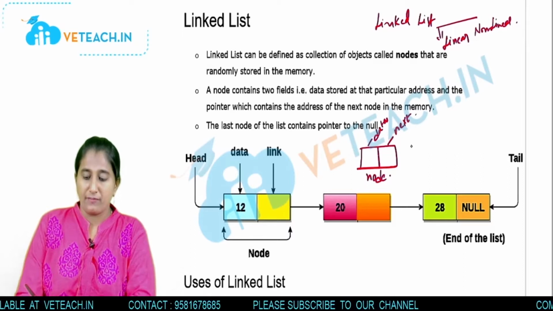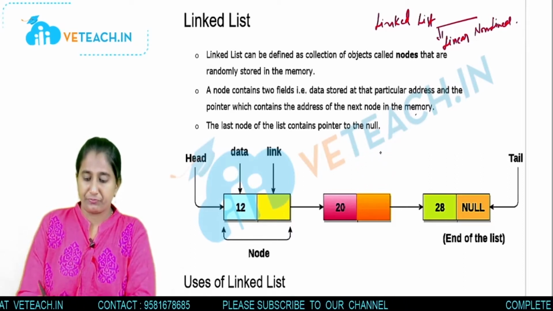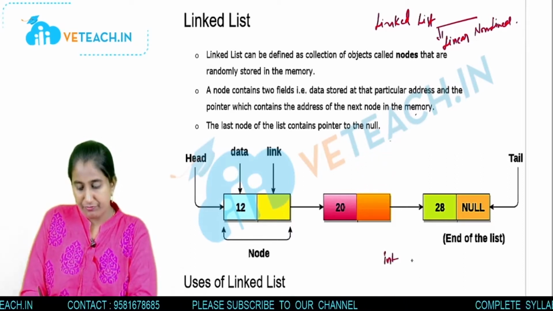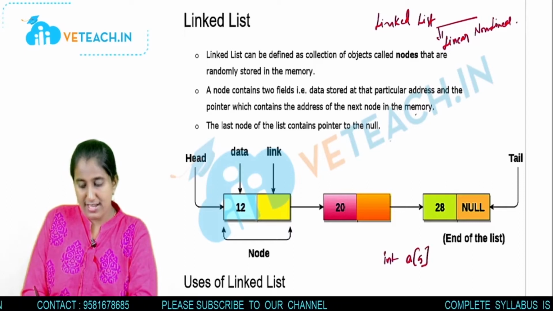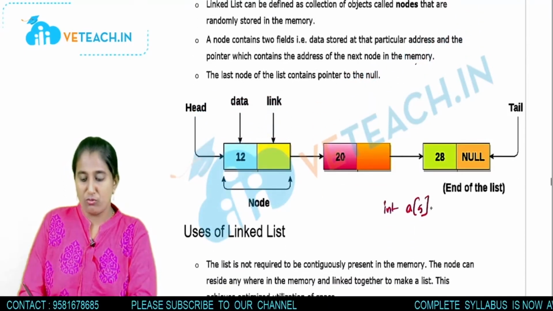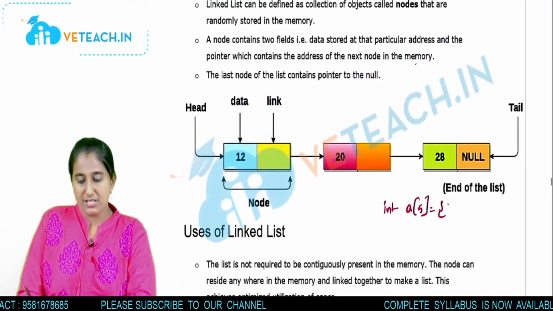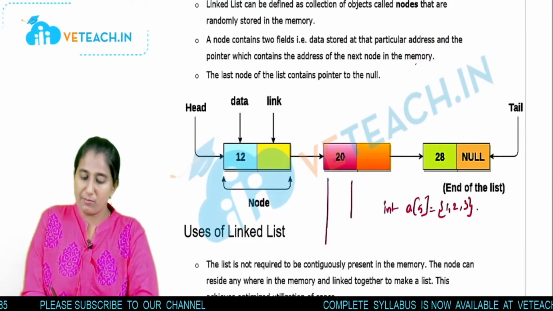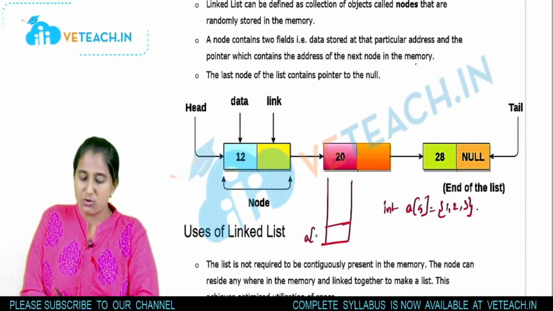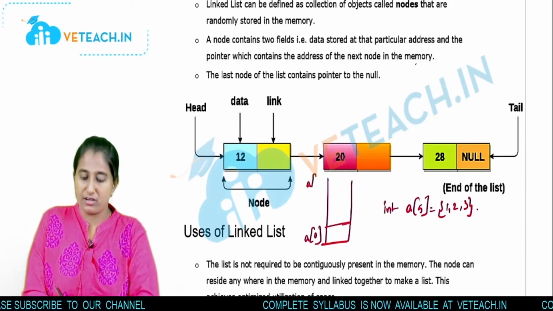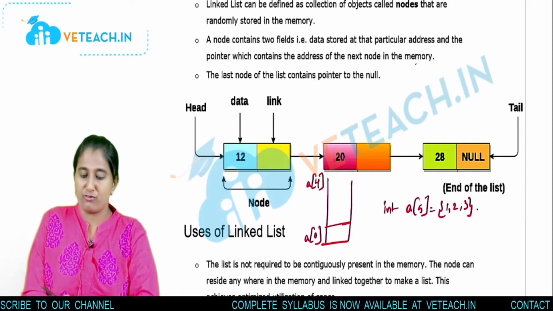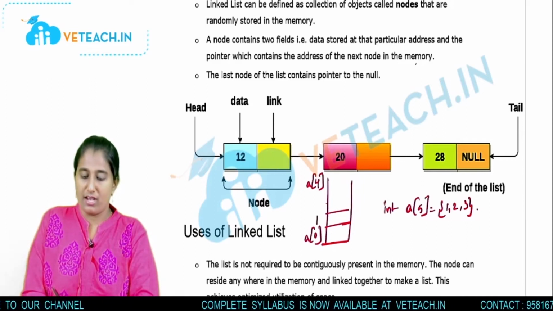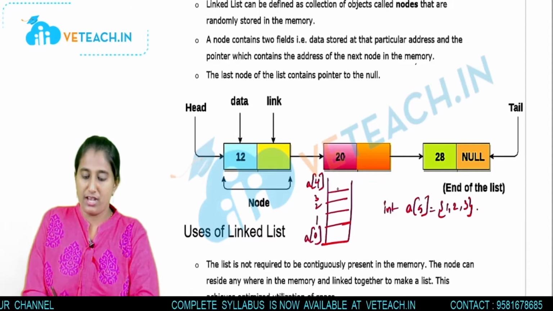For example, if you declare an int array of size 5, and I am assigning the elements 1, 2, 3, what does the memory allocation do? The allocation will take positions 0 to 4: 0, 1, 2, 3 and 4.